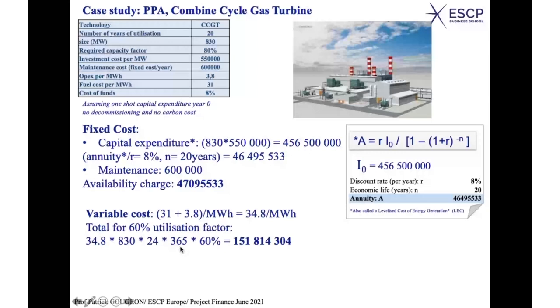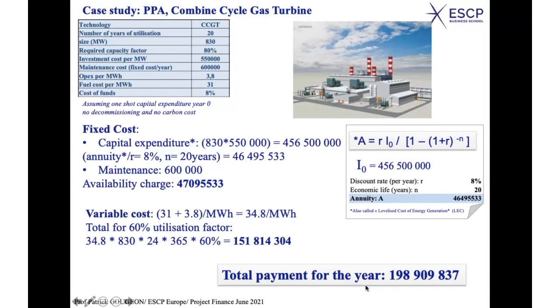So the total for 60% utilization factor would be 151 million, 84, and so on. So the total payment for the year should be close to 200 million.